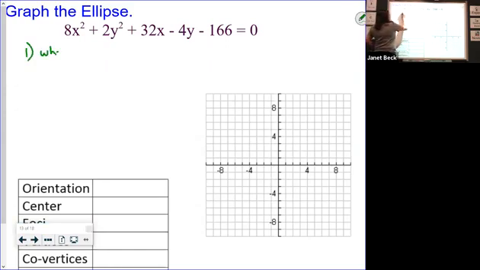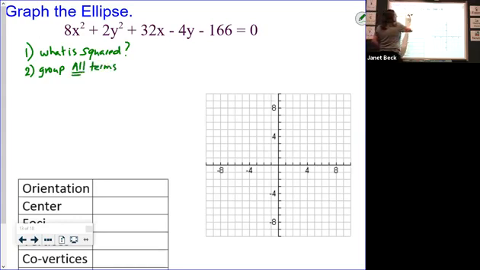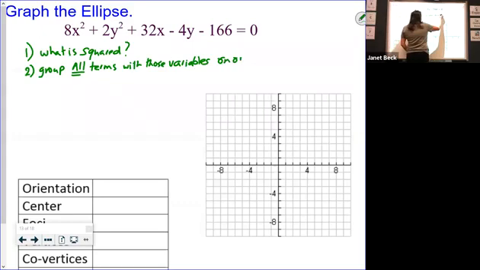What is being squared? On a parabola, it would only be one variable. On this, it would be both. So group all terms that are linked to the squared variable with those variables on one side of the equals.